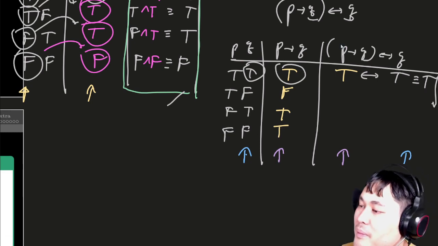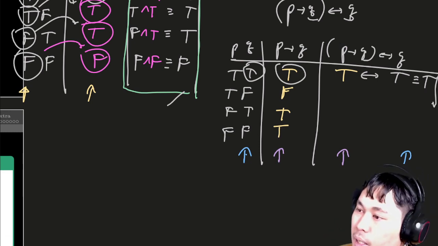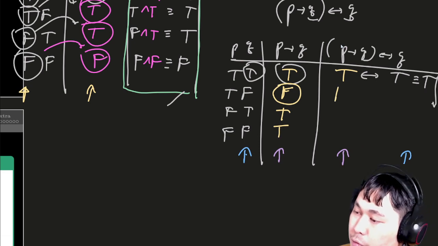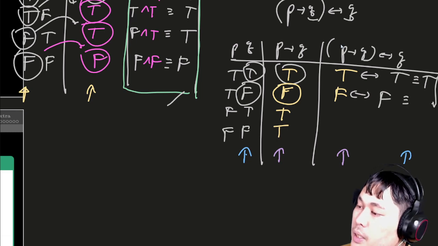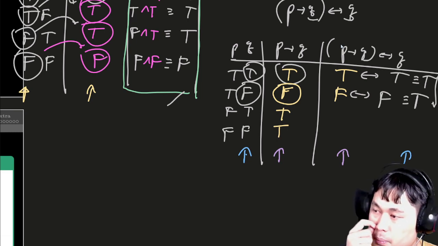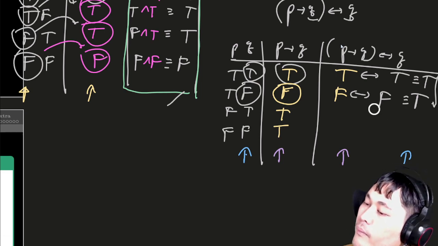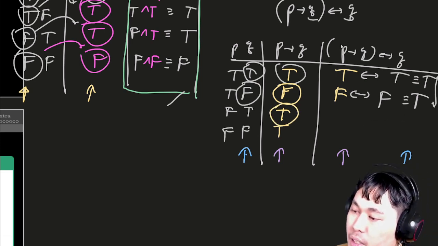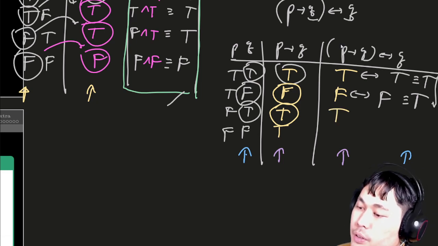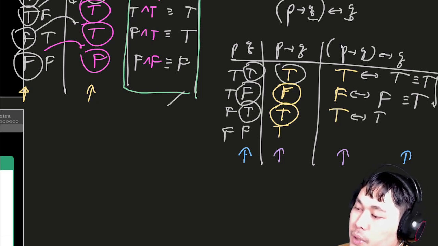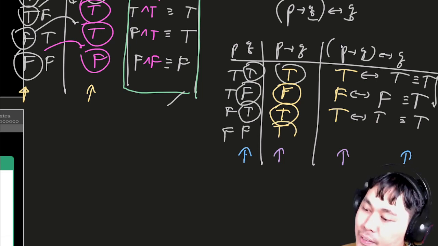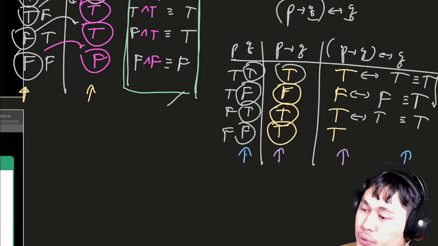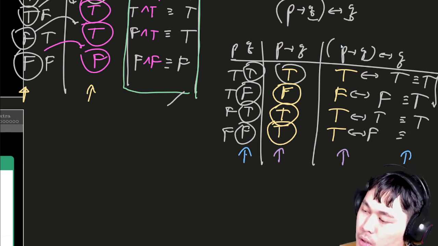Next, if P then Q is true and Q is false, like this is the result for the second column, the result is false. Then we have the third row, P then Q is true, Q is true. So we are doing true if and only if true, yes, true again, because they are the same. And lastly, P then Q is true, but Q is false, so the result is false.